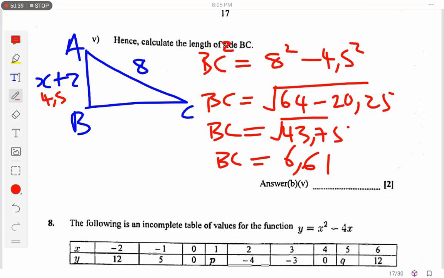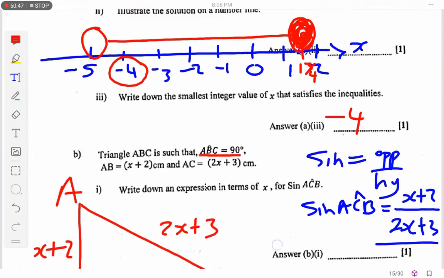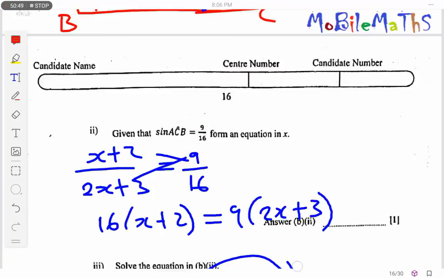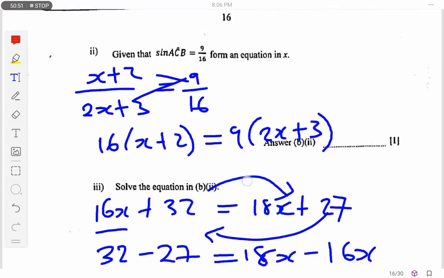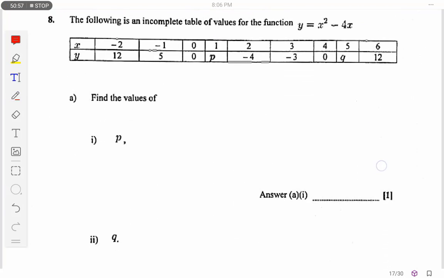Okay, so this is our value for our BC there. Our units were in centimeters, so they are centimeters there. Let's move on to the next question.